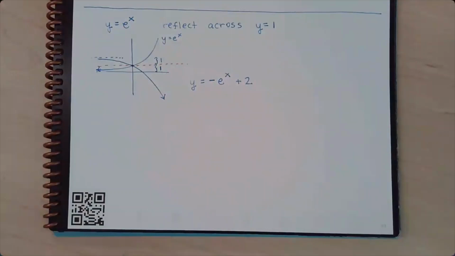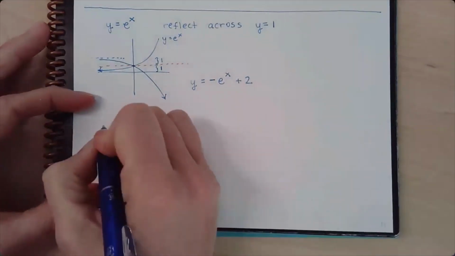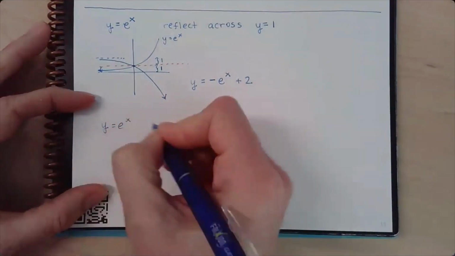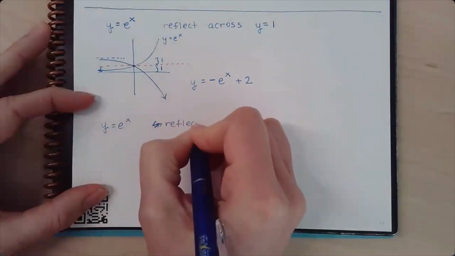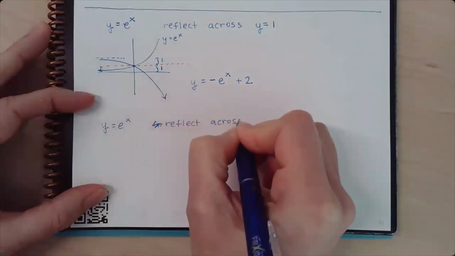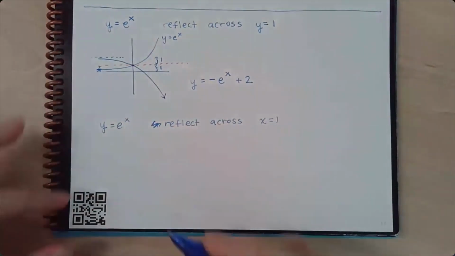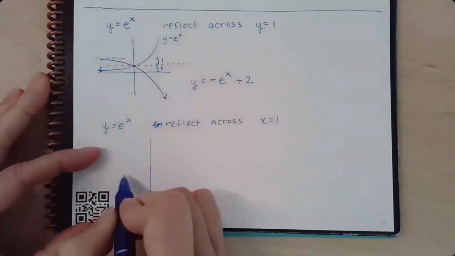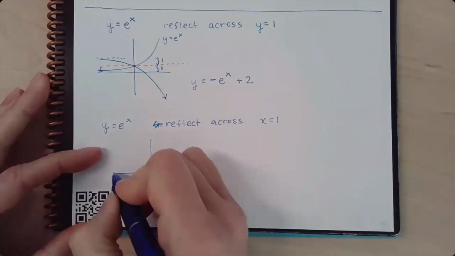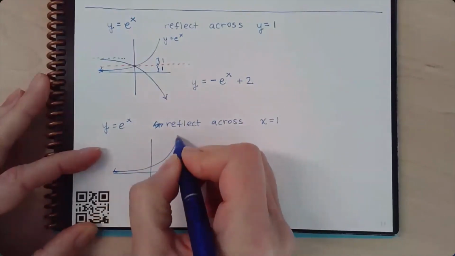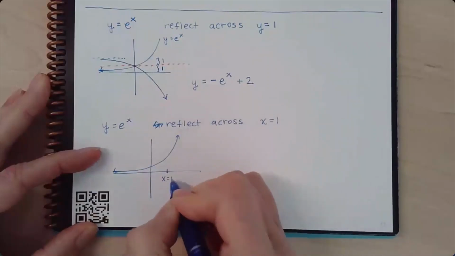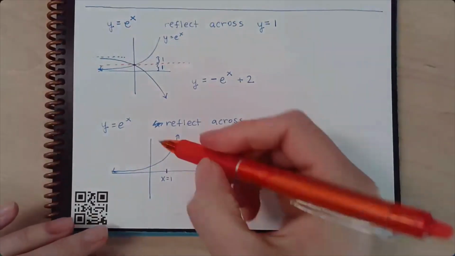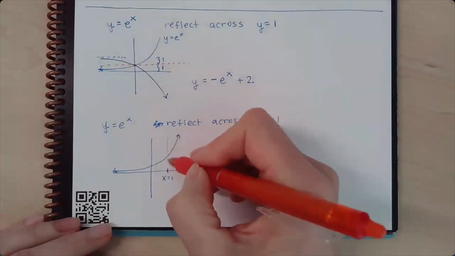Now, I misread the question in the chat, so I'm going to do the actual question that was in the chat, which was to take that y equals e to the x graph and instead reflect across x equals 1. Starting with my e to the x graph, coming over here to x equals 1 now. And this is not an asymptote, it's just my magic reflecting line.